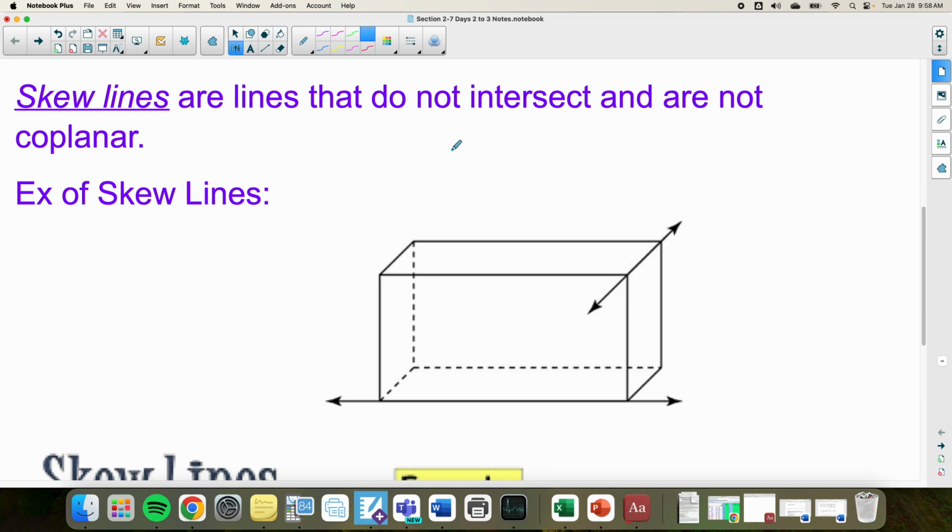That's just not possible. So with skew lines, again, they can't touch, and they're not in the same plane, and you can't draw a plane.